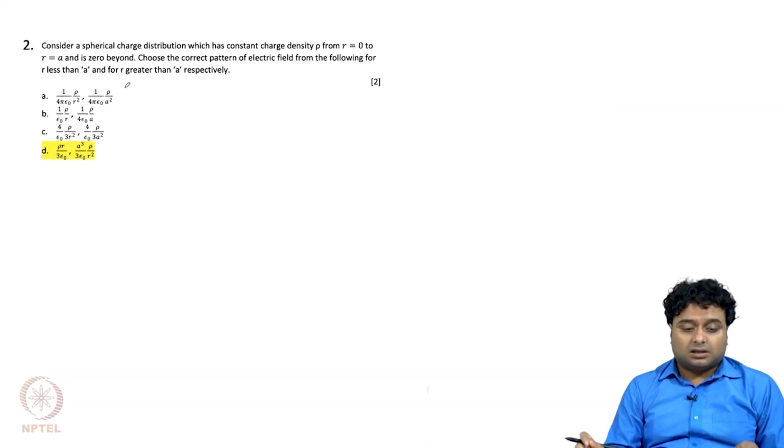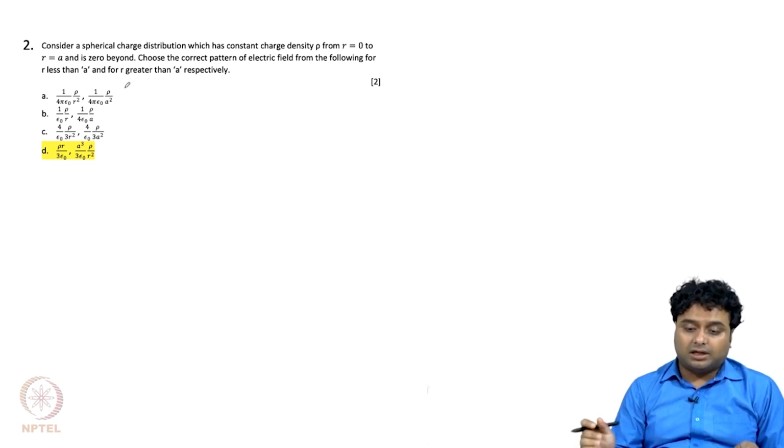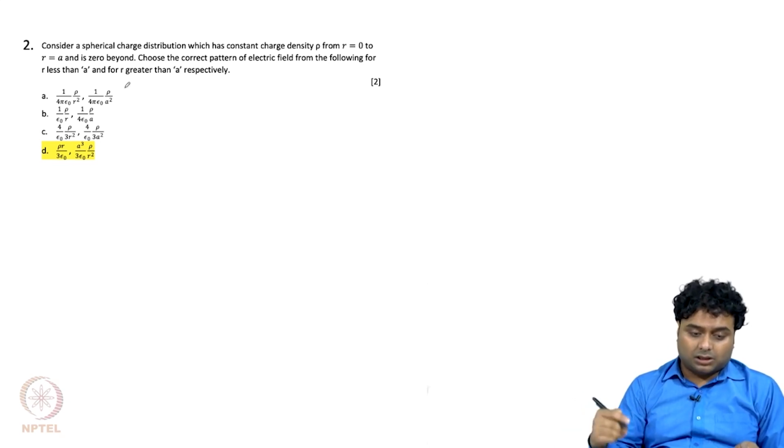Next question is: consider a spherical charge distribution which has a constant charge density rho from r equal to 0 to r equal to a, and is 0 beyond. Choose the correct pattern of electric field where r is less than a, or its diameter, and r is greater than a.